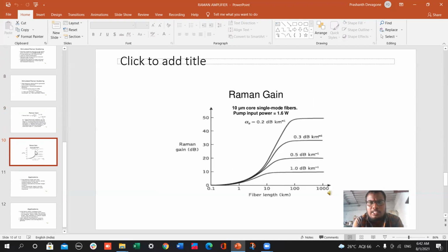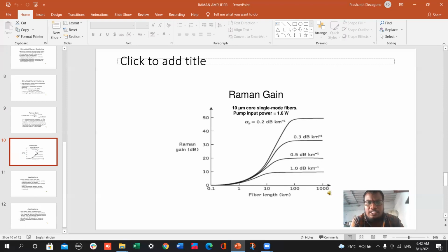This is the Raman gain schematic characteristics. In the vertical axis, Raman gain in dB, and in the horizontal axis, fiber length in kilometers. Length is taken as 0.1, 1, 10, 100 and 1000. In the vertical axis, gain is 0, 10, 20, 30, 40, 50.